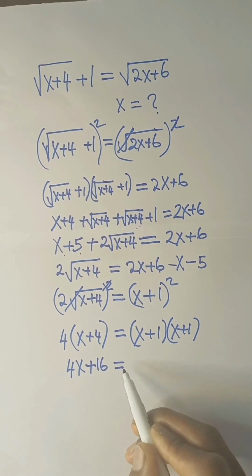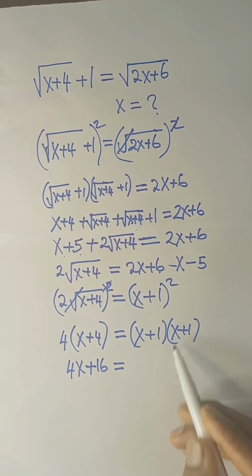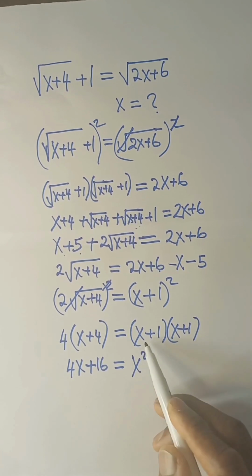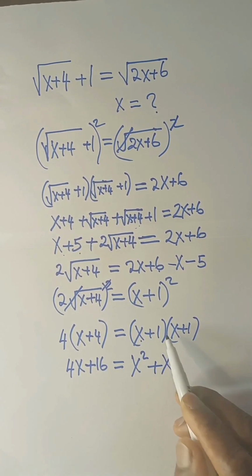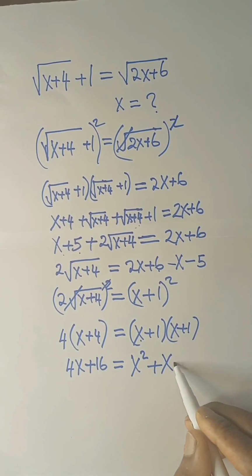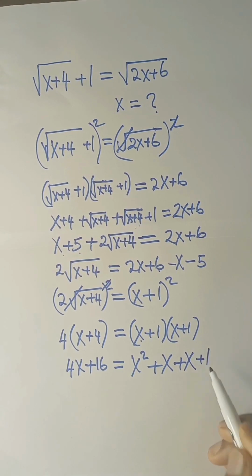This is equal to, now let's multiply here using the FOIL method. x times x will give us x squared, and x times 1 will give us x. 1 times x will give us x, and 1 times 1 will give us 1.